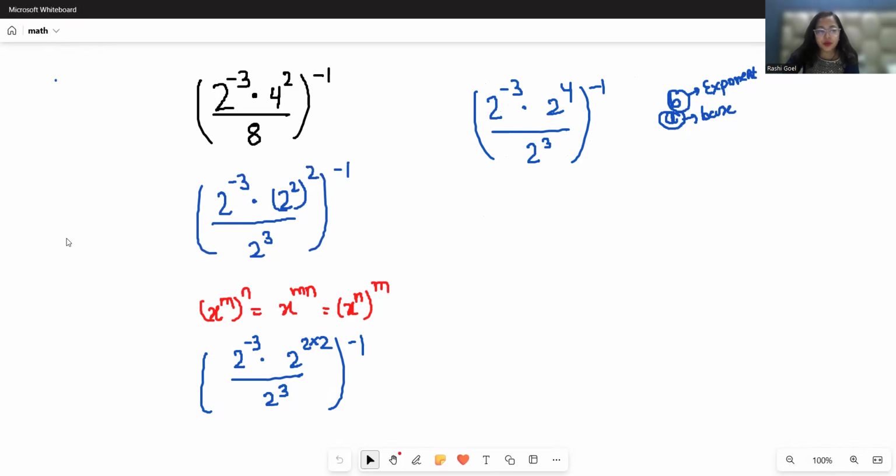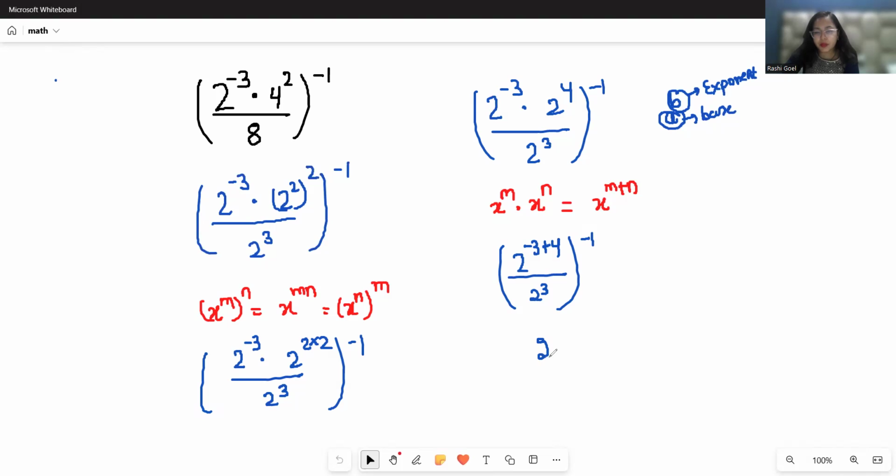Another exponent rule, x power m times x power n: if the bases are equal and there is a multiplication sign in between, you can write the base once and add the powers. So our numerator becomes 2 power minus 3 plus 4 by 2 power 3, whole power minus 1.